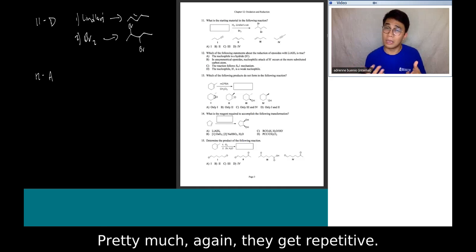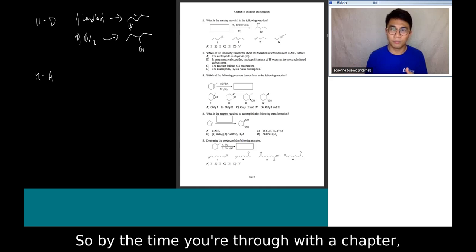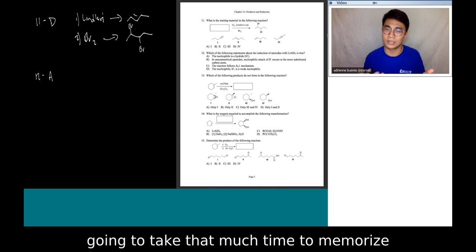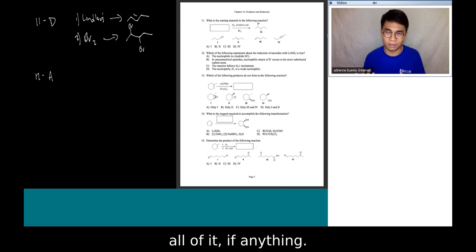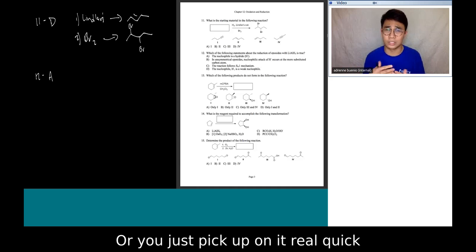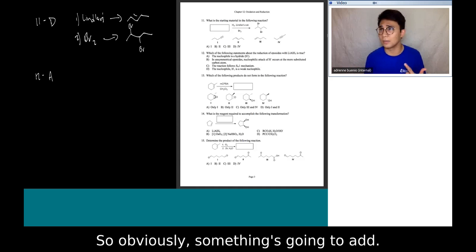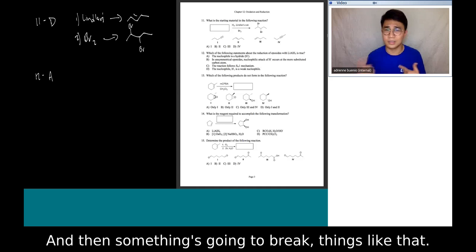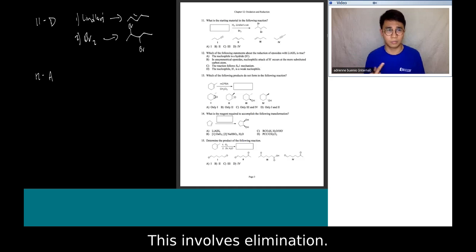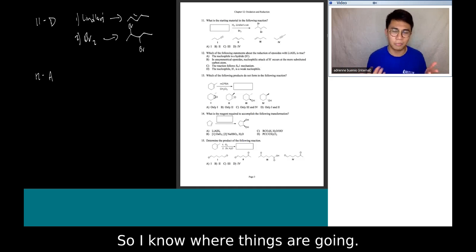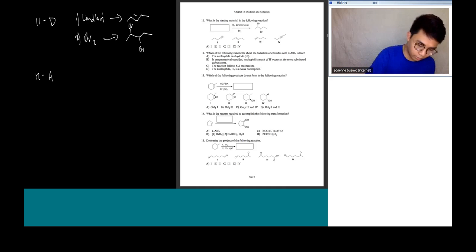Again, they get repetitive, so by the time you're through with a chapter, you're so familiar with it that it's not going to take much time to memorize all of it, or you just pick up on it real quick, because this involves addition, so obviously something's going to add, and then something's going to break. This involves elimination, so I know where things are going. So you'll catch on real quick.